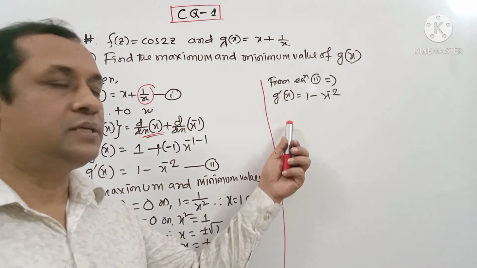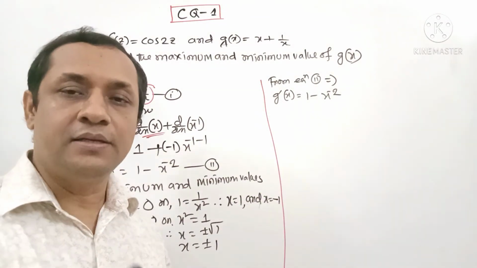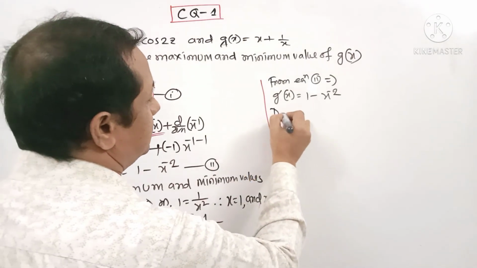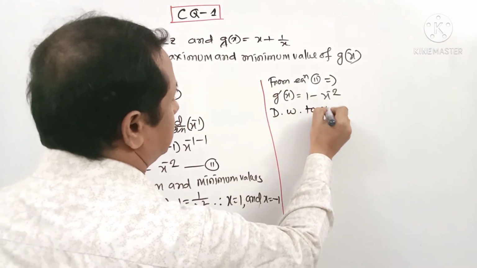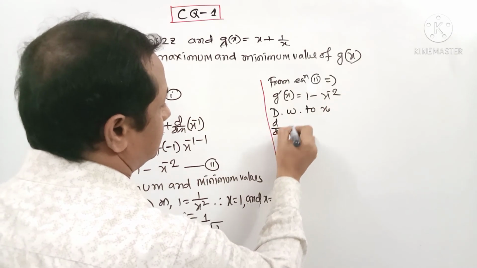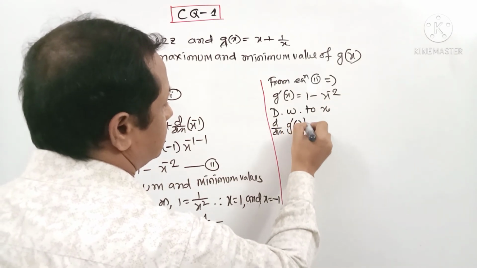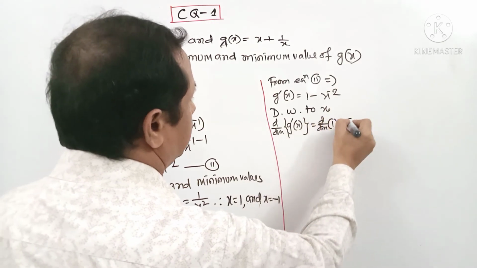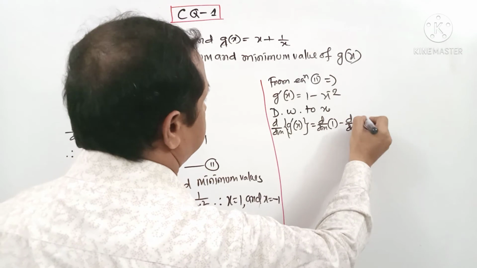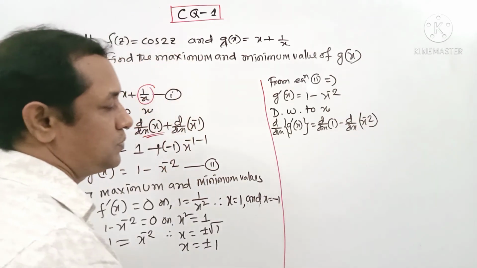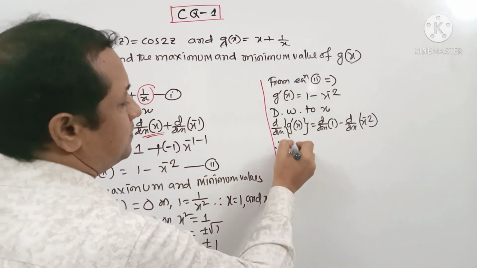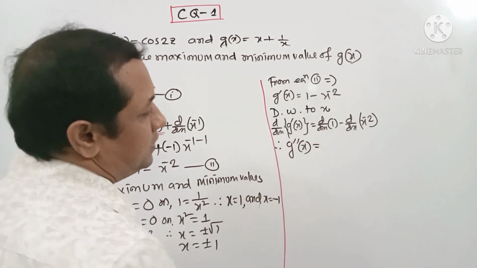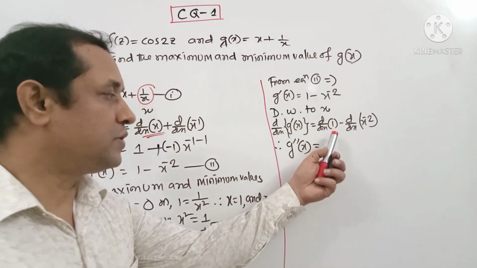So to find g double prime x, again differentiating with respect to x, d/dx of g prime x equals d/dx of 1 minus d/dx of x to the power minus 2. So student, we know that the derivative of g prime x is g double prime x, and we can write d/dx using the formula.